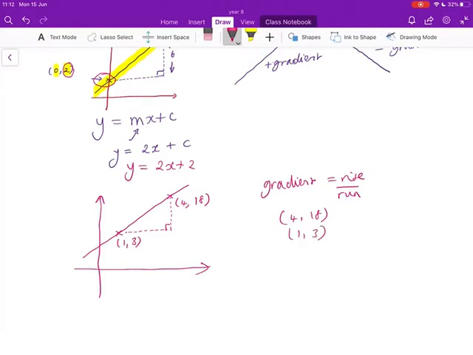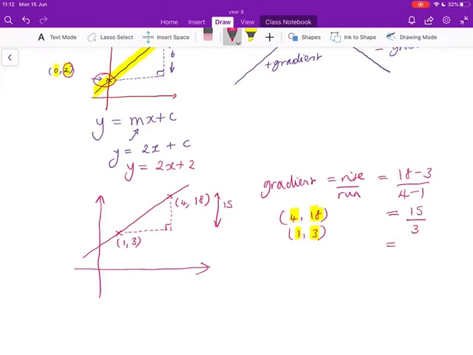So let's look at our two coordinates, 4, 18 and 1, 3. So the rise is the difference between 18 and 3. So that distance there would be 15. And the run is the difference between 4 and 1.